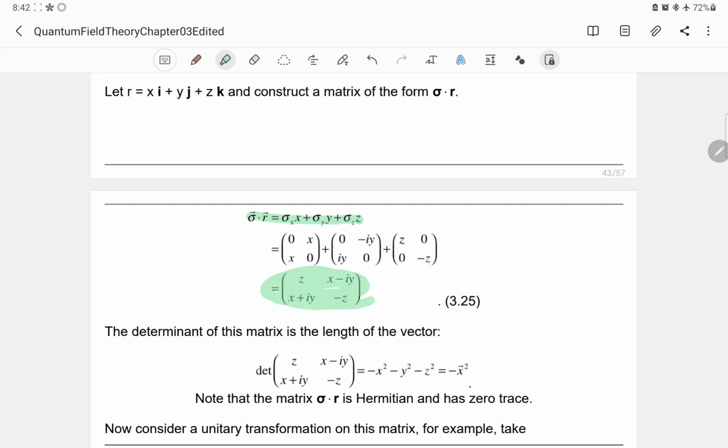The determinant of this matrix is the length of the vector, the trace of the matrix is 0, so the elements of the diagonal cancel, and of course the matrix is Hermitian.